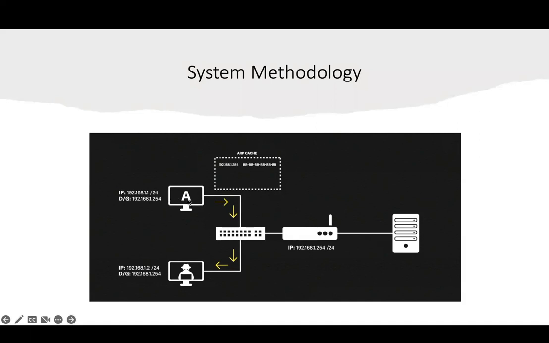Because the attacker managed to change the MAC address to their own, whatever user A sends that is intended for the web server goes to the attacker, because the MAC address is the attacker's MAC address and not the router's, without the user noticing.